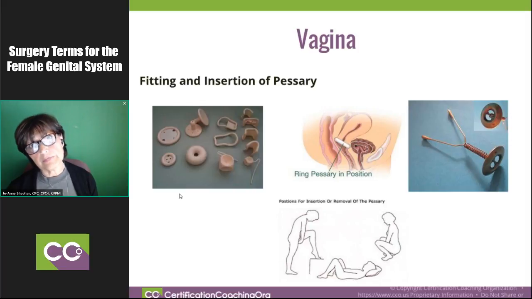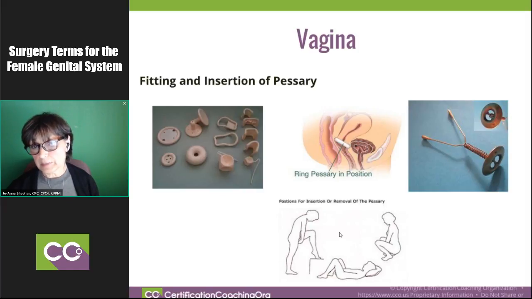But typically, if you go to the ER, it's usually for a problem, just not to have the IUD removed. And I actually cover a scenario about that. So it would be a decision to have it removed, especially if it's embedded into the vagina. So I will show you that shortly.